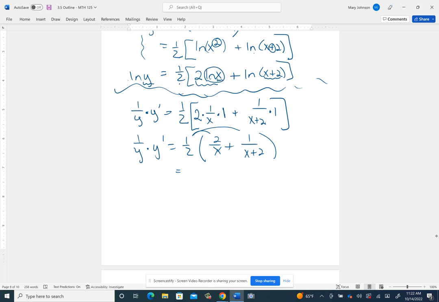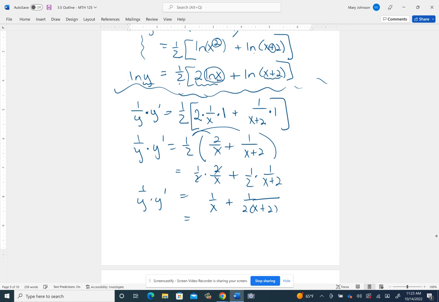Let me go ahead and write it next to both so you can see what happens to that 1/2 in that first spot. Okay, see how that would become just 1 over x, and then here I have plus 1 over 2 times x plus 2. Okay. All right, and I still have my 1 over y times y prime.